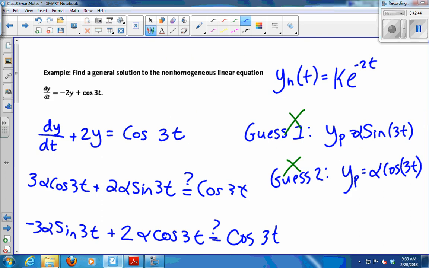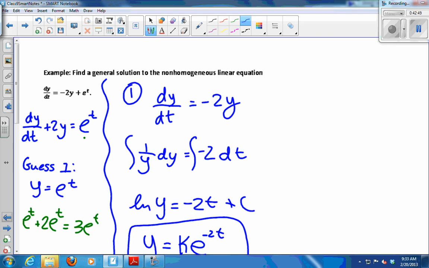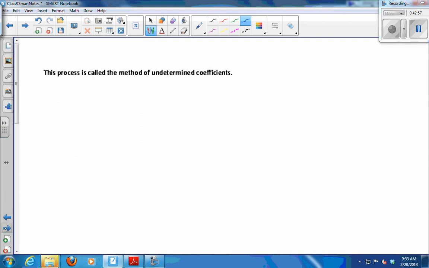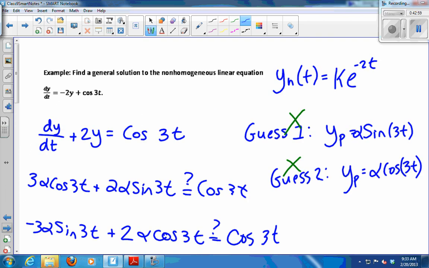Experience, yeah. So in general, things that have e to the t on the right are going to be some combination of e to the t's, right? And if you have a trig function on the right, like in this case, you're going to use a combination of sines and cosines.